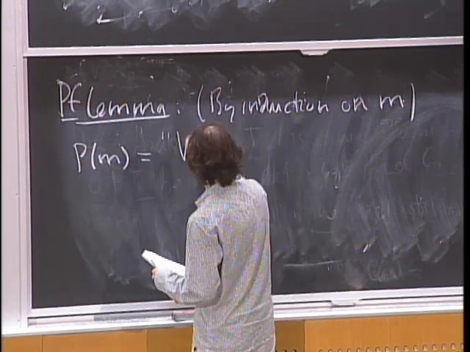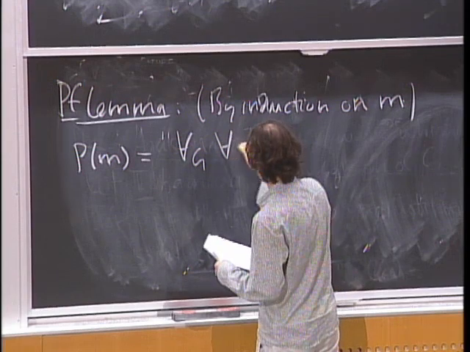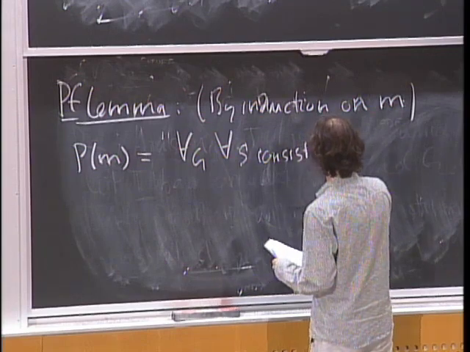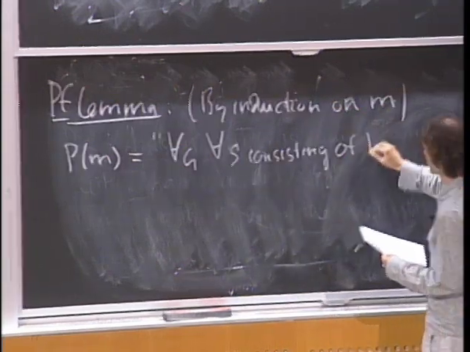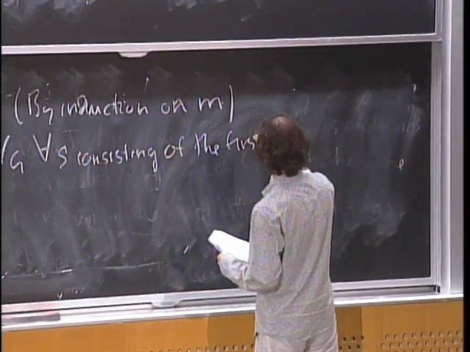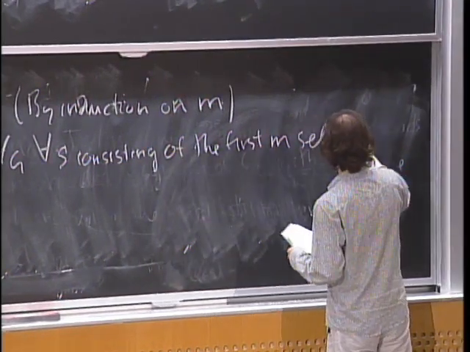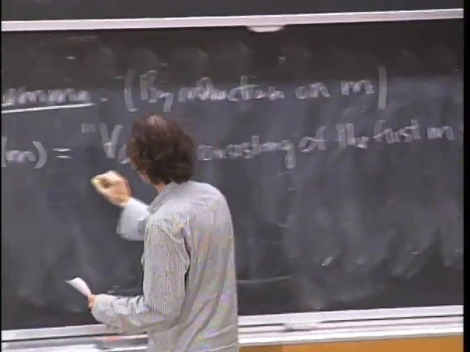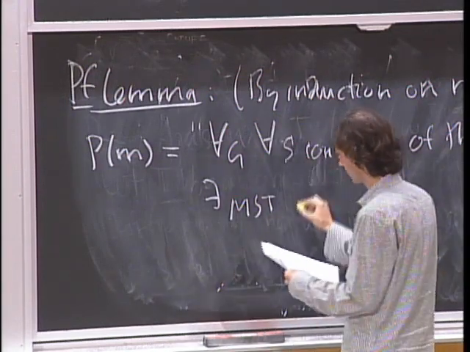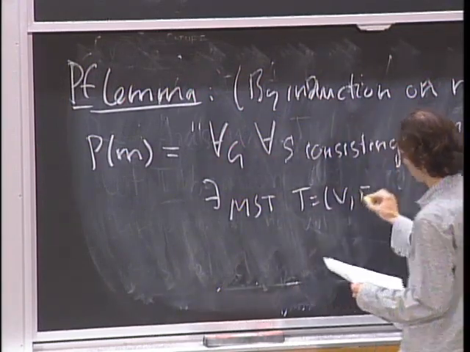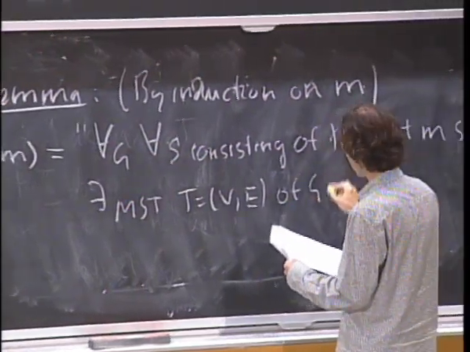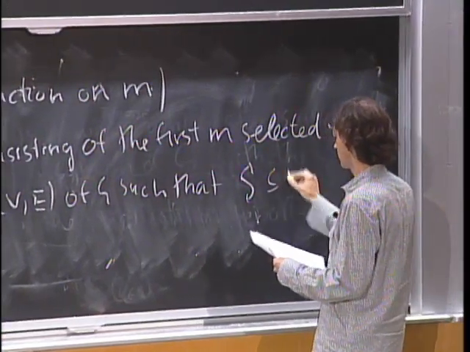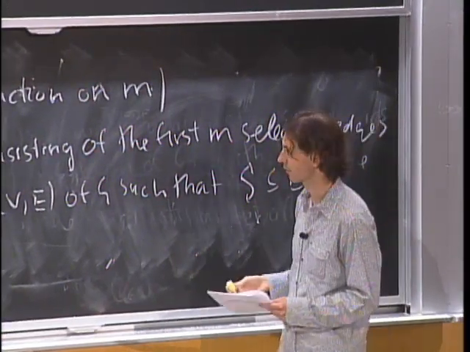So we say for all G and for all sets S that consist of the first m selected edges, there exists a minimum spanning tree of G such that S is a subset of E. So this is our induction hypothesis.